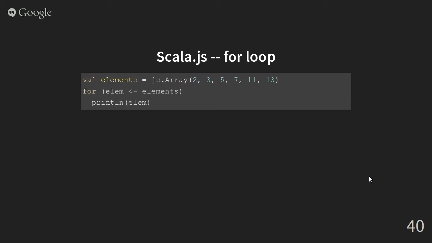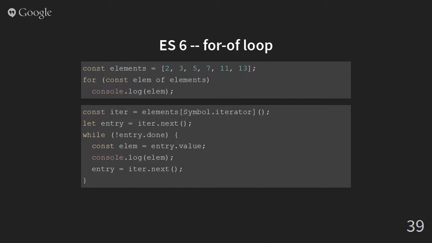In Scala.js, we have something like this, not quite exactly the same, but which serves the same purpose, to be able to uniformly loop over all the elements of the collection. So here I'm creating a JS array with the same elements, and I'm basically using the for loop, which is a foreach loop, with this symbol, and this is the same as the previous example in ECMAScript 6.